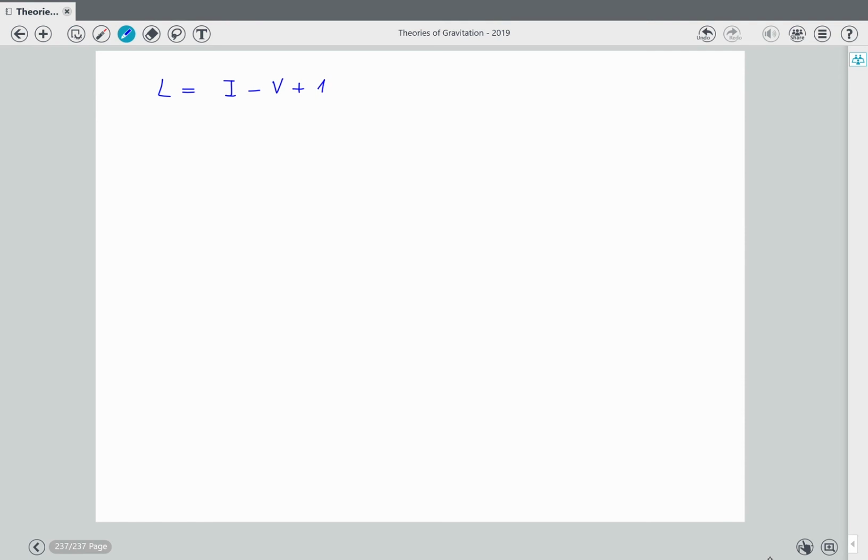Which you can also write as L minus I plus V equal to 1.